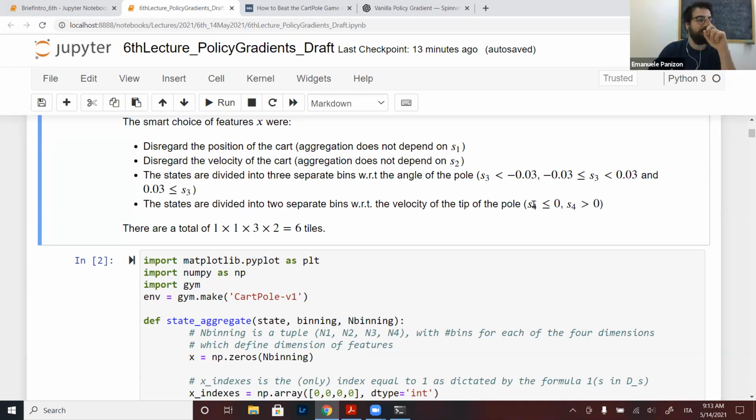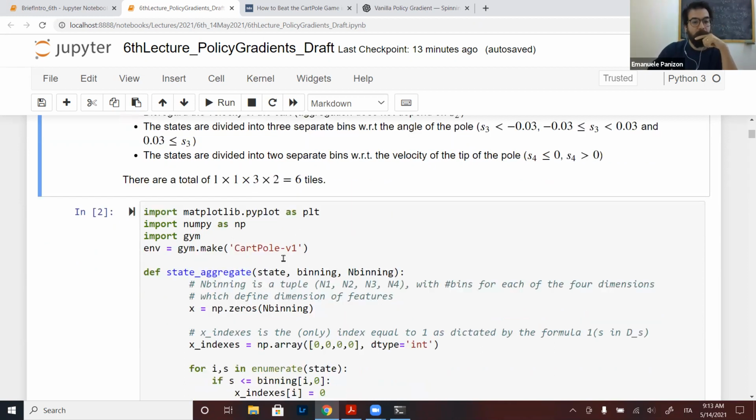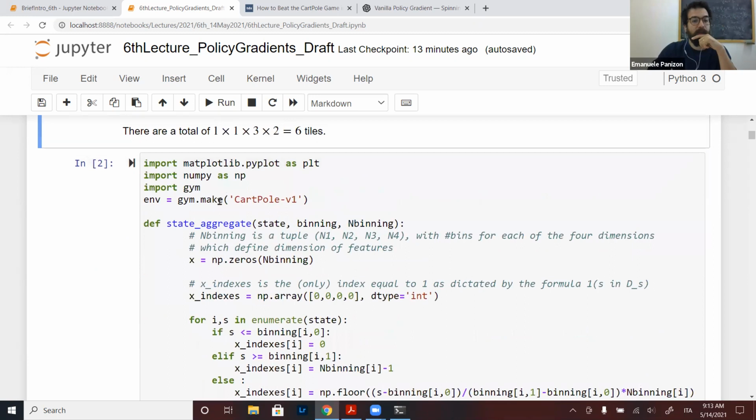One is that the velocity is less than 0, so the tip is moving left, or the tip is moving right. So in total, we had this 4-dimensional real vector, and now we have only 6 regions. Okay, and if you remember, we achieved that with this simple function here.